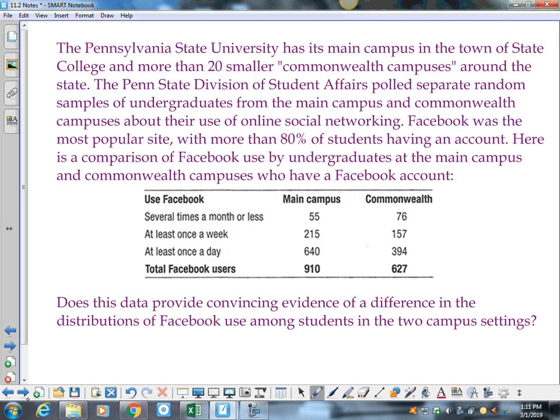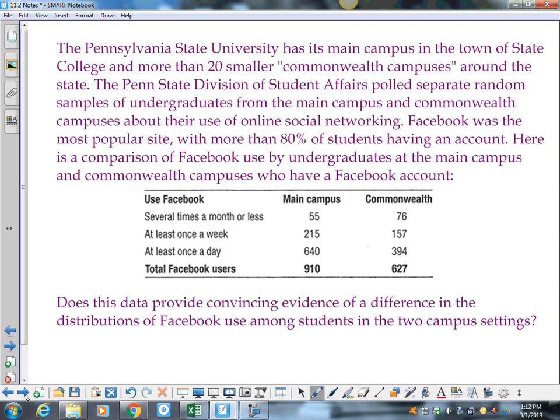And then you've got UNC Pembroke and Charlotte and Greensboro and Wilmington, Asheville. Those are all the little baby schools, where Carolina and Chapel Hill is the mama. Pennsylvania State University has its main campus, and then it's got these little offshoots, and that's what all those other schools are.